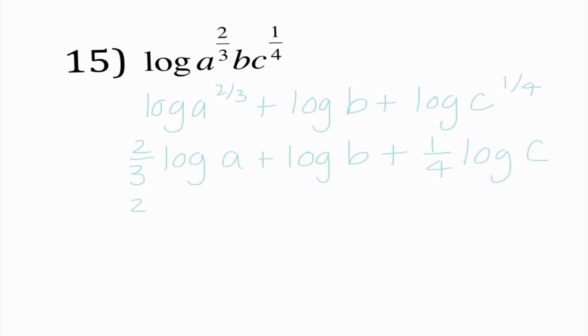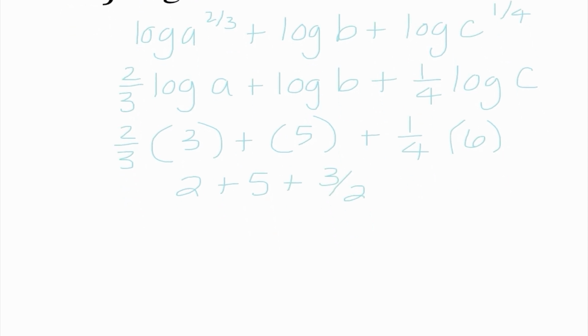Now I have log of A by itself, and I know that is 3, log of B by itself, which is 5, and log of C by itself, which is 6. So I get 2 plus 5 plus 3 over 2.